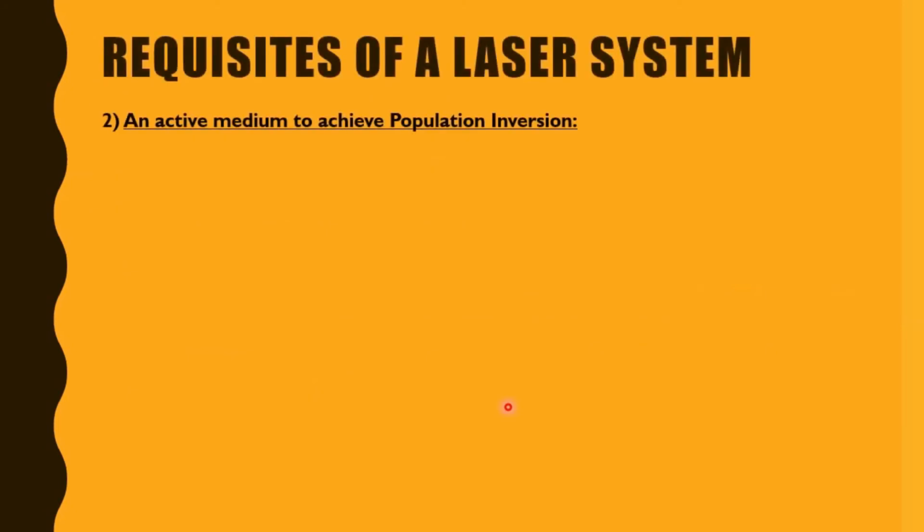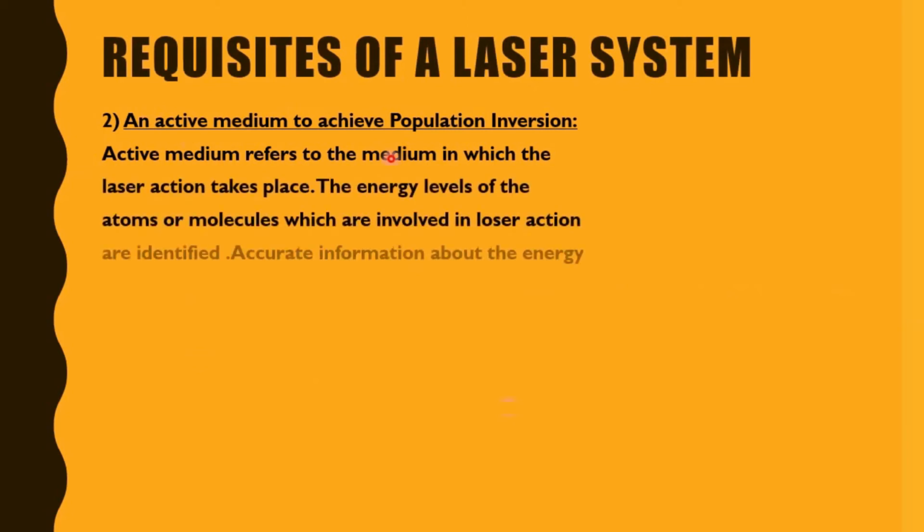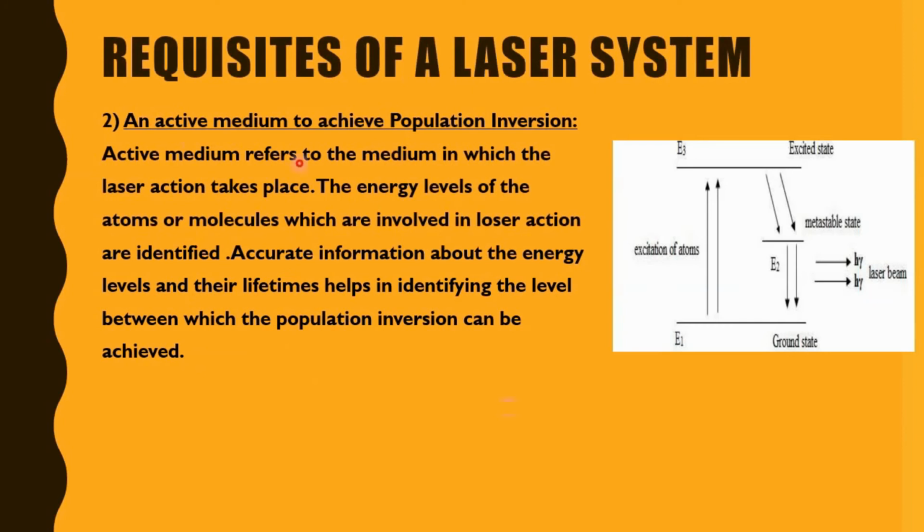Next is the second thing, that is the active medium to achieve population inversion. So, what happens here? An active medium refers to the medium in which the laser action takes place. That means when laser action will take place, the medium in which it takes place is the active medium.